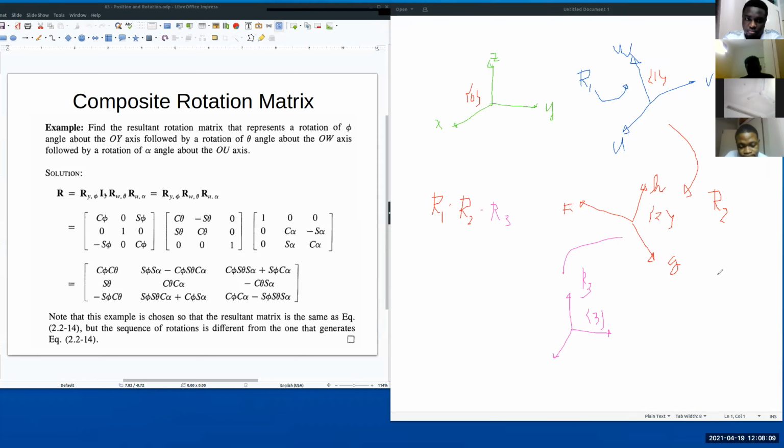But the pre-multiplication is the question. So when do we pre-multiply then? For example, we'll just consider these things here, and we cover this part.